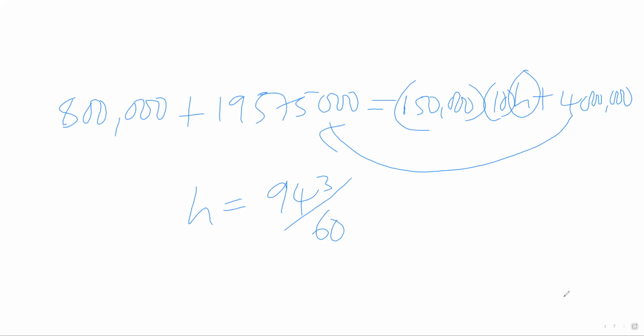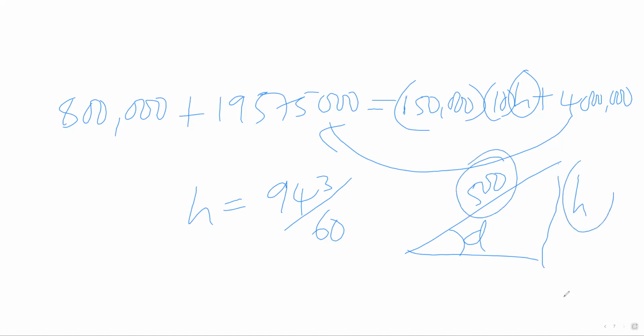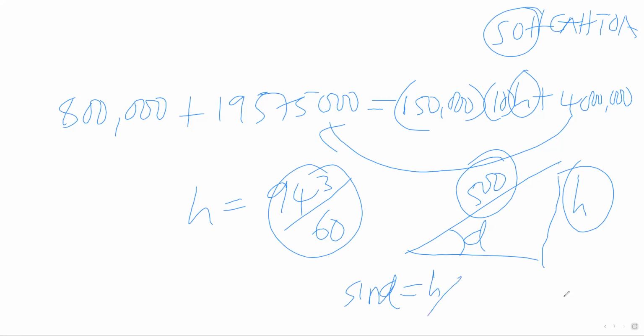Now remember, we have to find an angle. This angle is what we have to find. We are given this distance as 500 meters. h is this that we have found here. So what can you say? You are given the hypotenuse and the opposite. So from SOHCAHTOA, sine alpha is equal to opposite, which is your h here, over hypotenuse, which is 500.